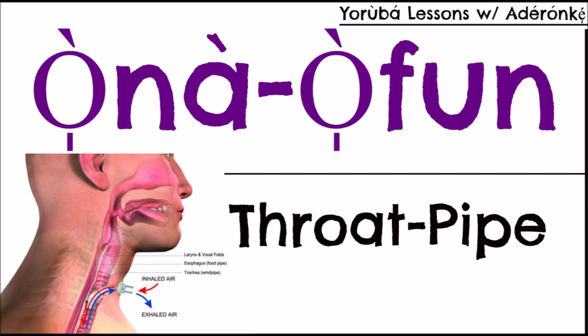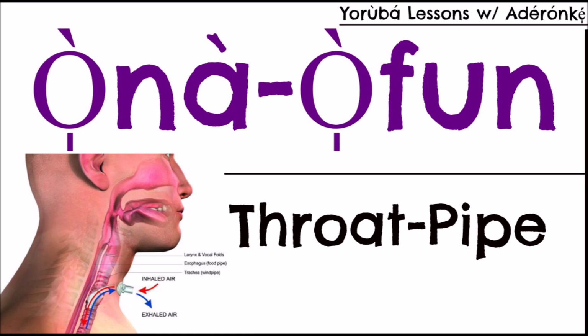I don't remember what I learned from my biology class, and I didn't take the time to Google this before making this video. But usually this one would be used to reference the one that we pass food through. So when someone says onofun, more often than not, they're referring to the throat pipe that we use for consuming food, not the one that we use for breathing.